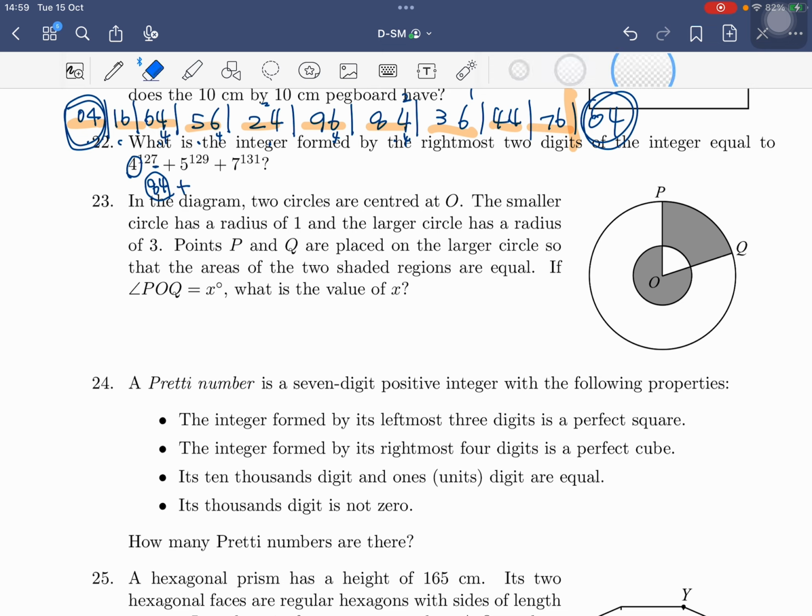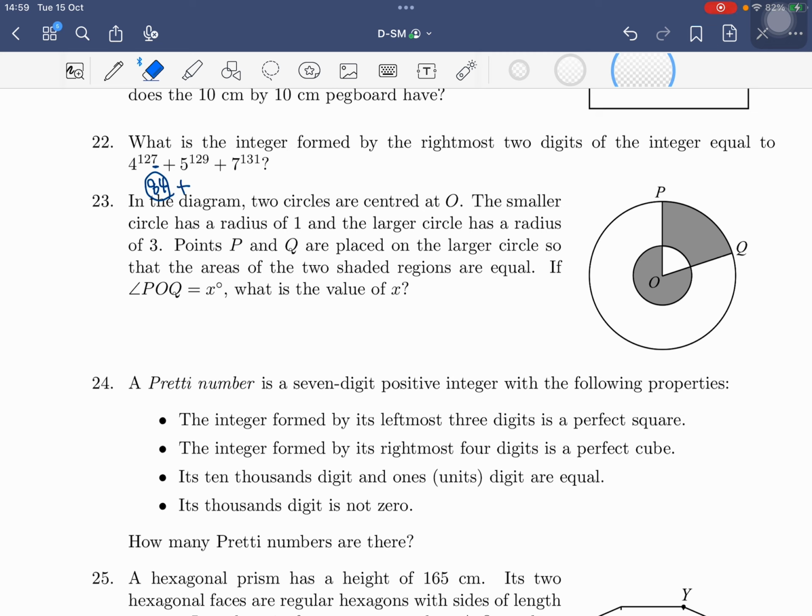And what about 5? 5, 25, 125, 625, oh, this is always 25. And 7, 49.